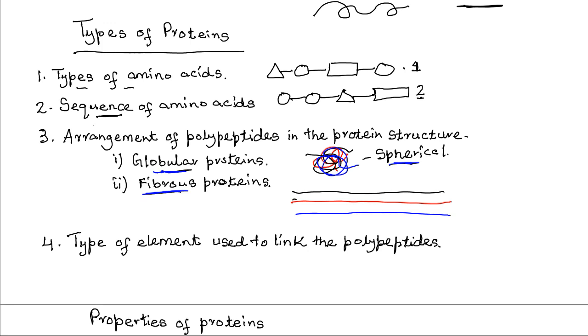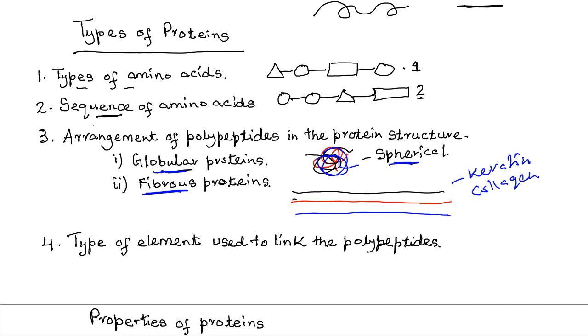Now, examples of globular proteins are enzymes and some hormones. Even plasma proteins such as fibrinogen are also globular in nature. Fibrous proteins include keratin and the collagen fibers that make up the connective tissues and the bones.